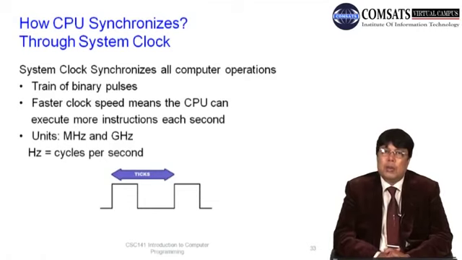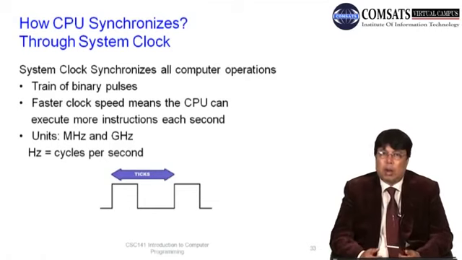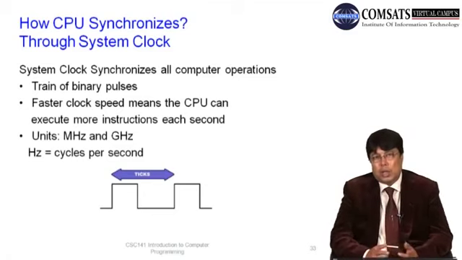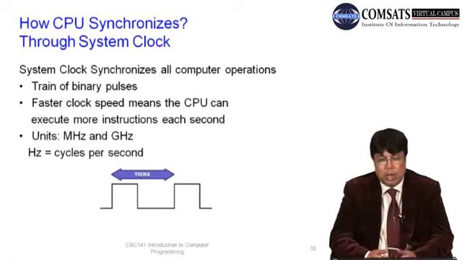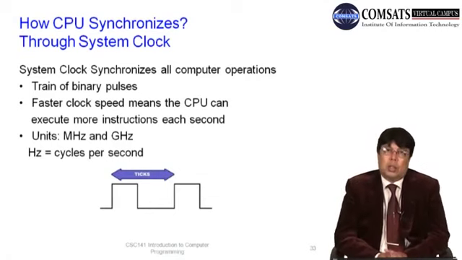What is the frequency? Frequency is the number of clock pulses per unit time. They are vice versa. So the faster the clock, the more pulses you have in 1 unit time. So you can carry out more machine cycles per unit time, meaning you can carry out more instructions per unit time. So the faster the clock, the faster the machine.